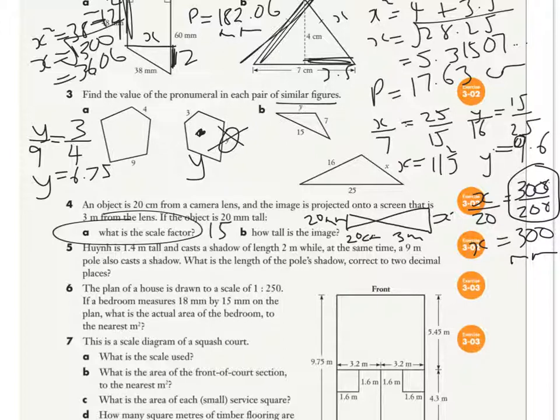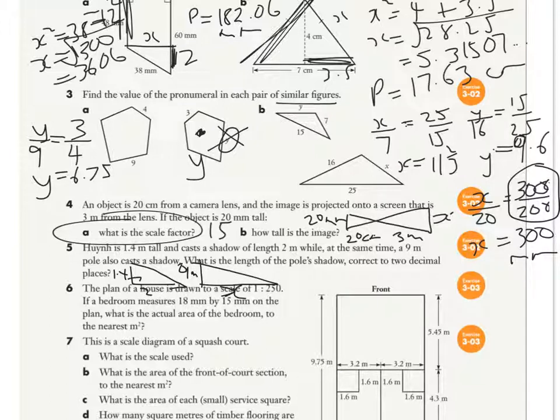Now, 1.4 tall, so I'm going to do cast a 2 meter shadow. Now that's a right angle triangle. While a 9 meter pole casts a shadow. How tall is the shadow?